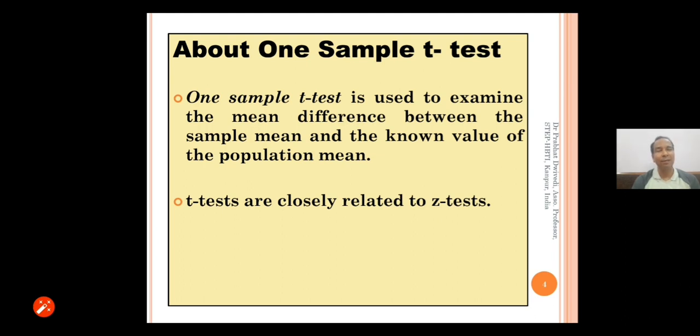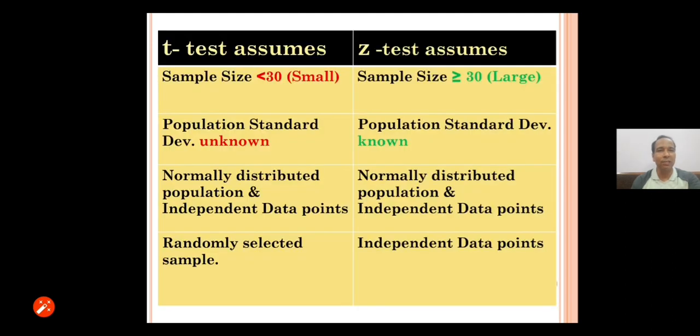Let me remind you that was the same as what we were doing in the one sample z-test, but there was one difference: z-test was applicable for a large sample, whereas t-test is applicable for a small sample. And we know very well what a small sample and a large sample are.